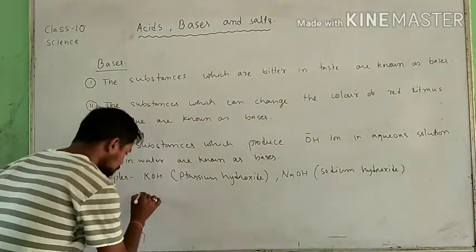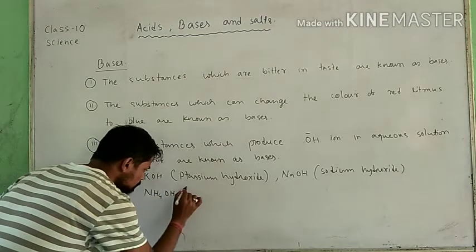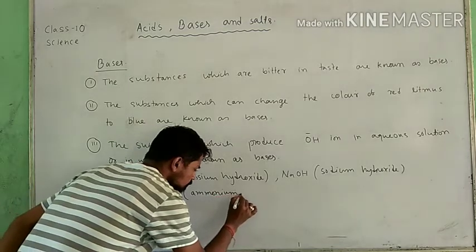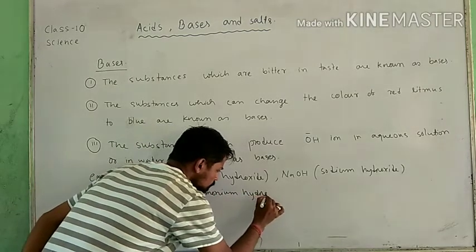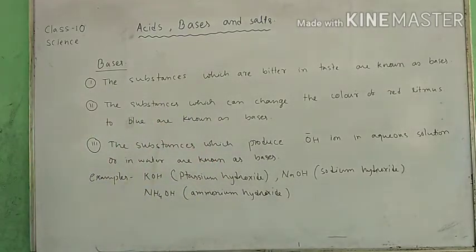Again, NH4OH, it is known as ammonium hydroxide. So these are the examples of base. Okay, write the definitions. Now let us see how they produce OH ion.